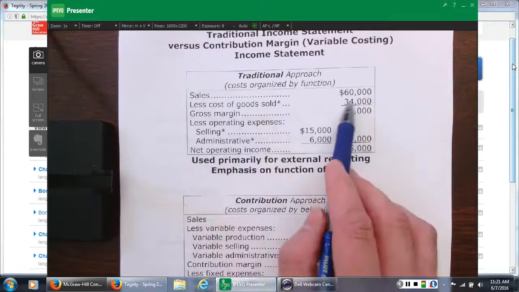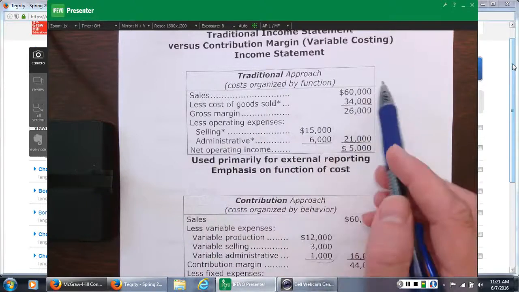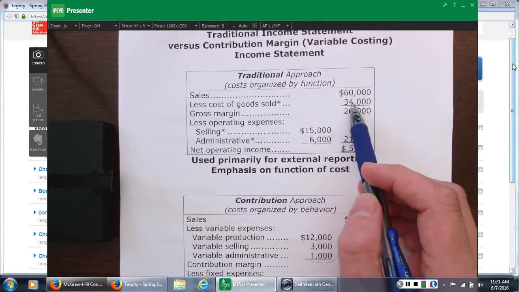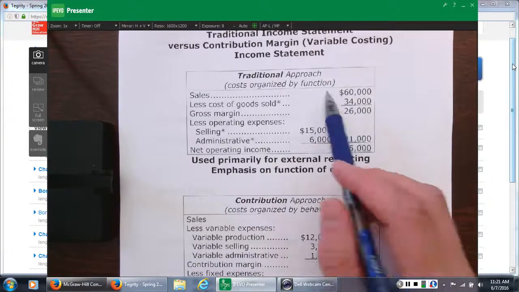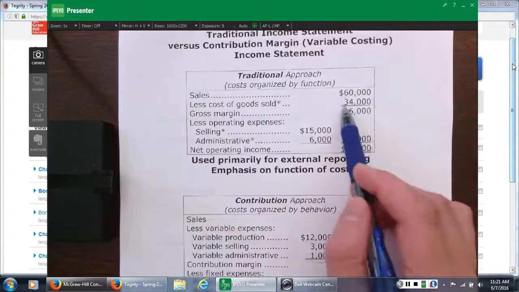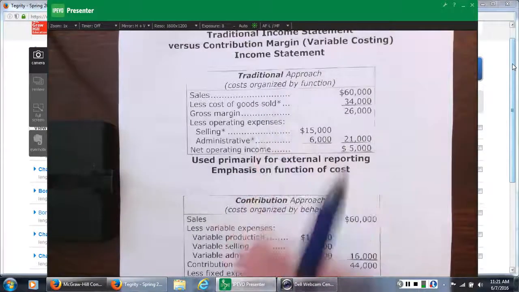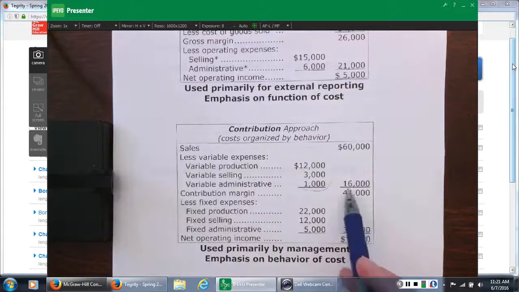And so if we're making 1,000 units and we wanted to know what would be the cost for making an additional 200 units, you can't just put this onto a unit basis and multiply it by 200 because this includes some fixed overhead. However, you could do that with the contribution approach here.